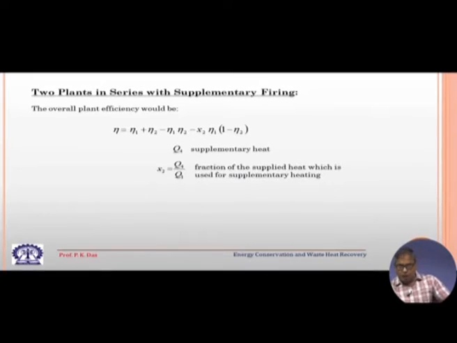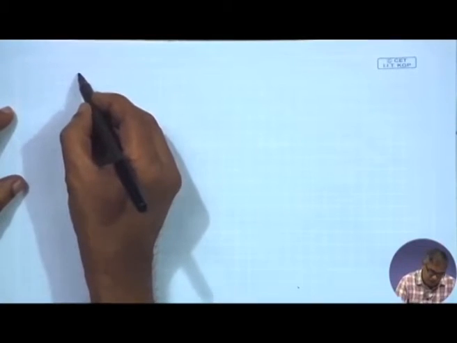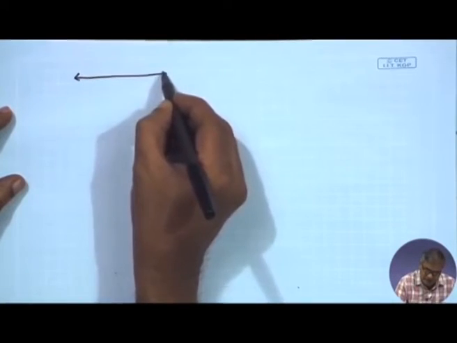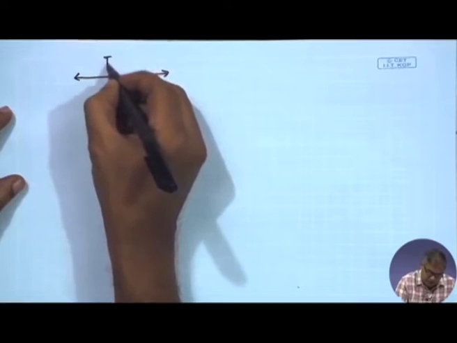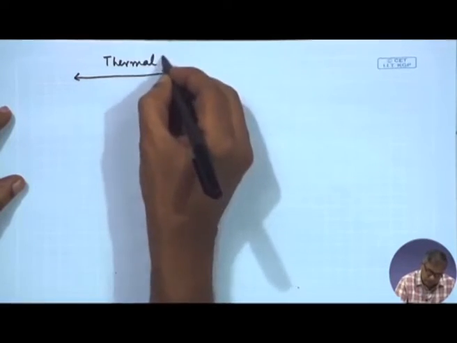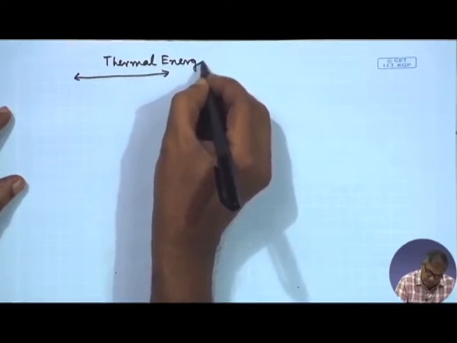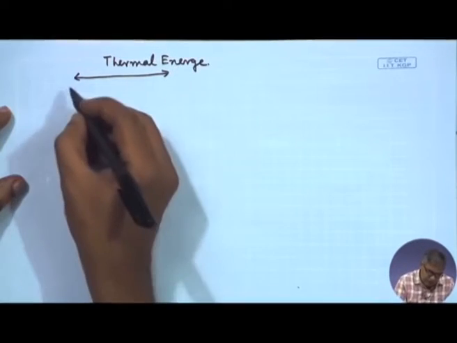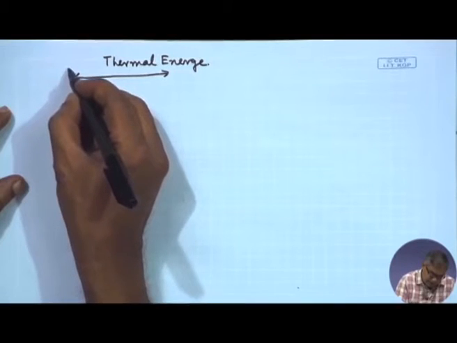Now, this is called energy cascading. Energy cascading means, let us say we start from some amount of thermal energy, this side it is shown thermal energy, and let us say this side is temperature.